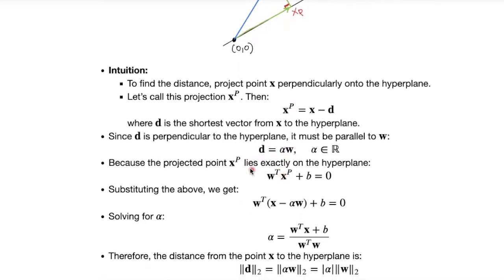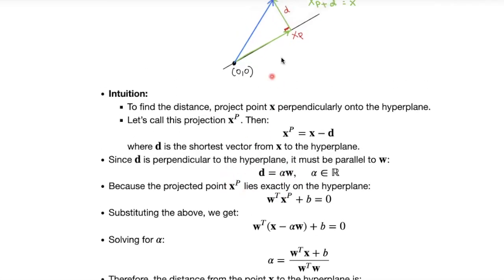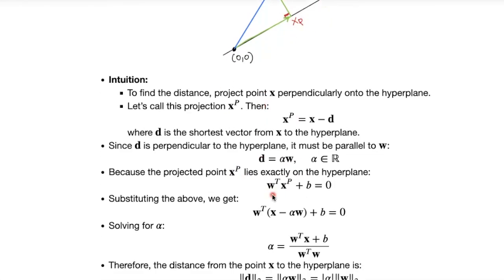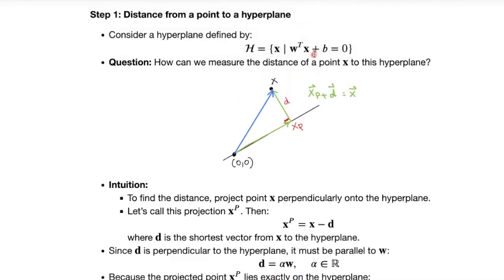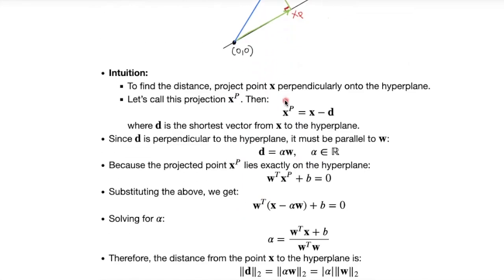The other piece that we need to know is that this projection here, this xp, also lies on this hyperplane, right? Because that's the projection of x on this hyperplane. So meaning that W transpose xp plus b equals 0. So what we really do here is substitute xp, because this holds for all x's on this hyperplane.